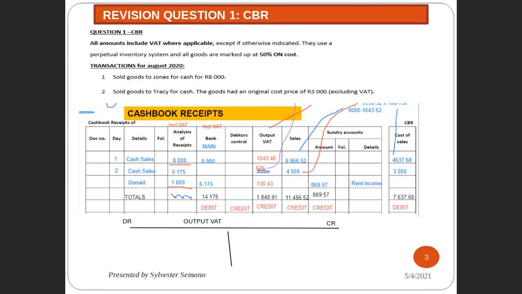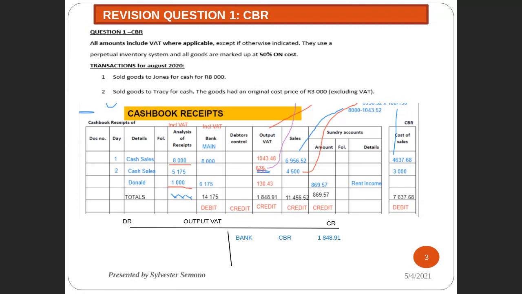So when you record all the other accounts, let's say, for example, from debtors control up to sundry accounts, what you need to write here as contra, we call it contra. You just have to write bank, and then you write CBR, and you just have to tell me how much the output VAT is: 1848.91. Can you see how does this differ?